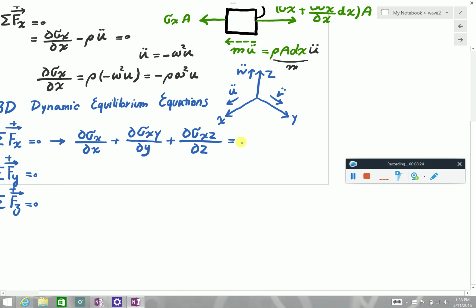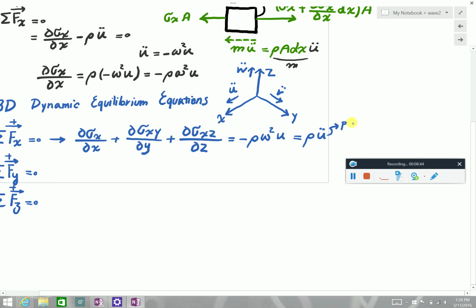And on the other side, we have negative rho omega squared u. So this is the same as saying rho u double dot. They're the same. And remember that u is particle displacement in the x direction.